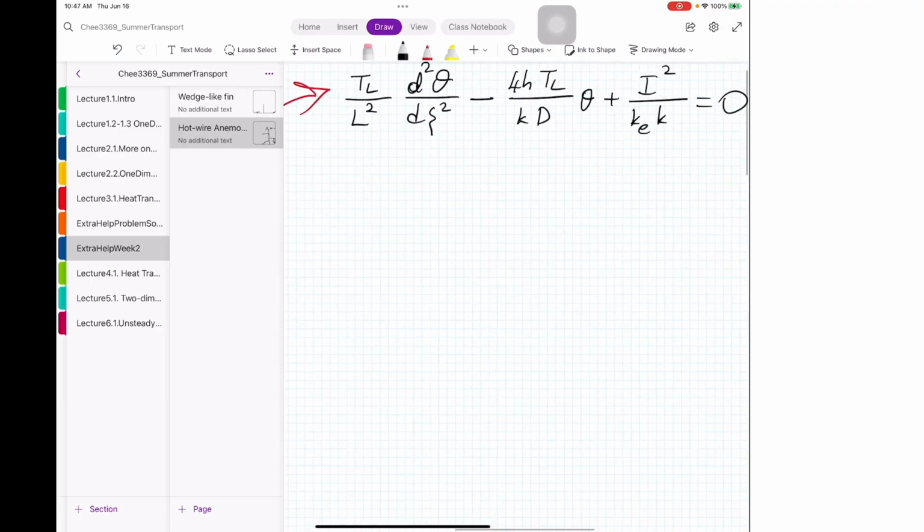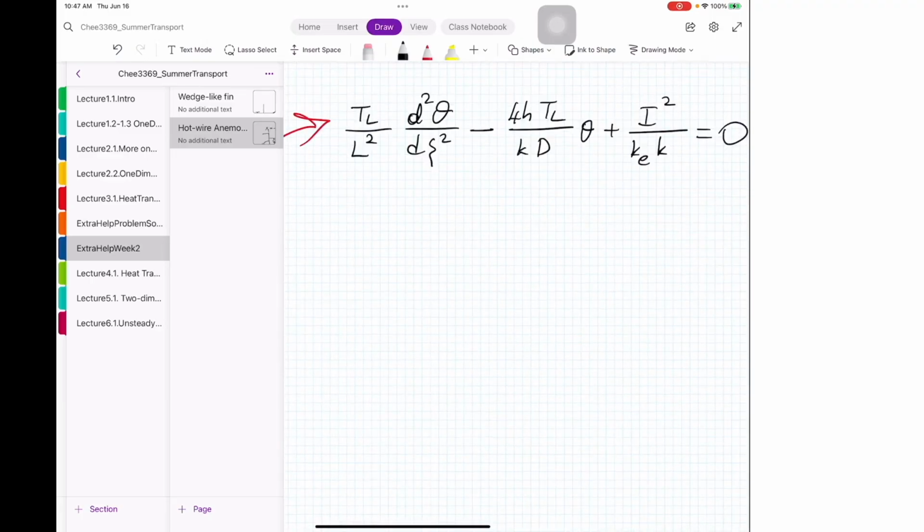So let's make every term dimensionless. Let's get rid of this thing so that each and every term will be dimensionless. So let's divide all terms by TL over L squared.